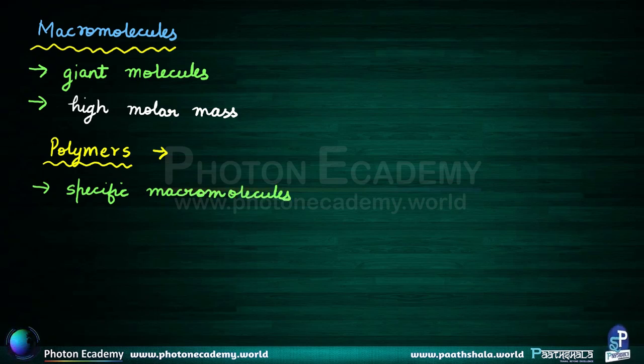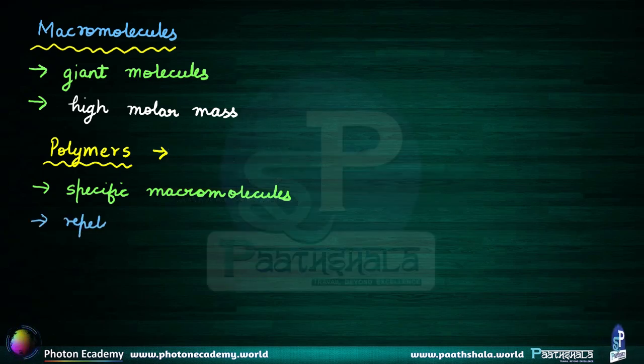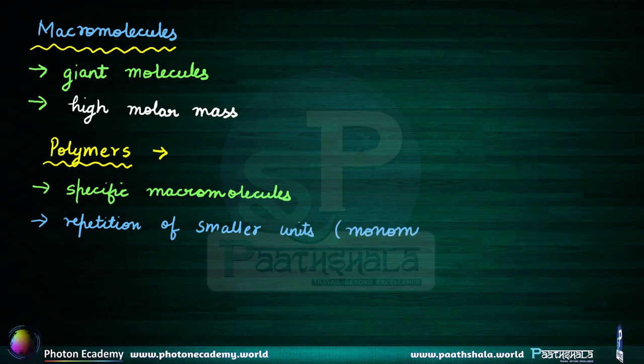Polymers are formed by repetition of smaller units, as we have seen, and these smaller units are called monomers. So they are formed by the repetition of monomers.